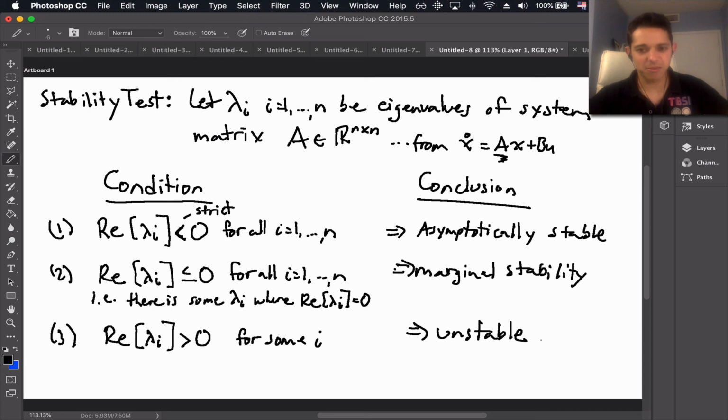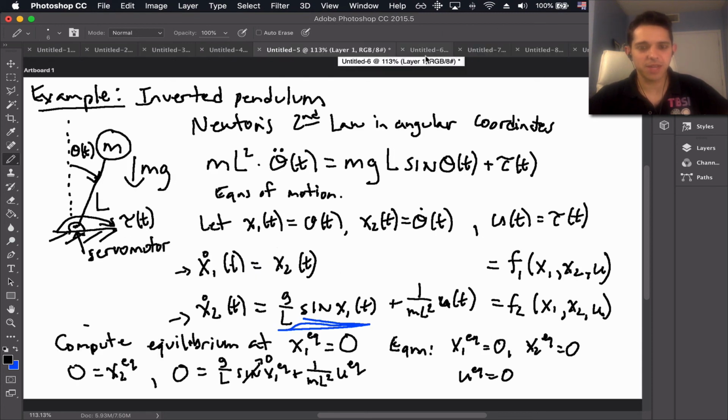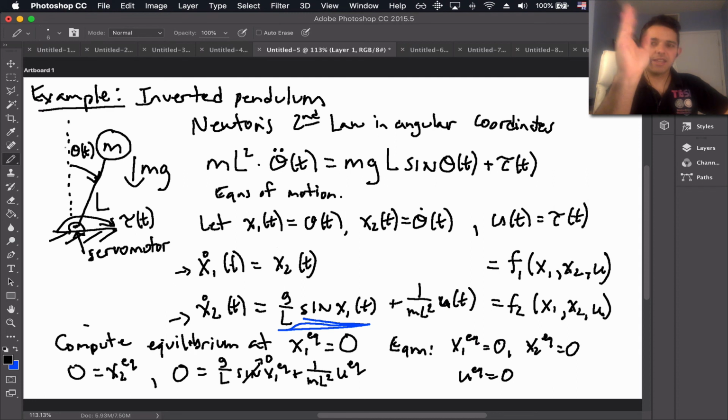Or is it unstable? Now, intuitively, what stability means is if I'm at the equilibrium and I perturb it ever so slightly, I just slightly tap it, or there's the tiniest gust of wind that acts on it, stability would mean that it's robust to that perturbation and it'll return back to the vertical position.